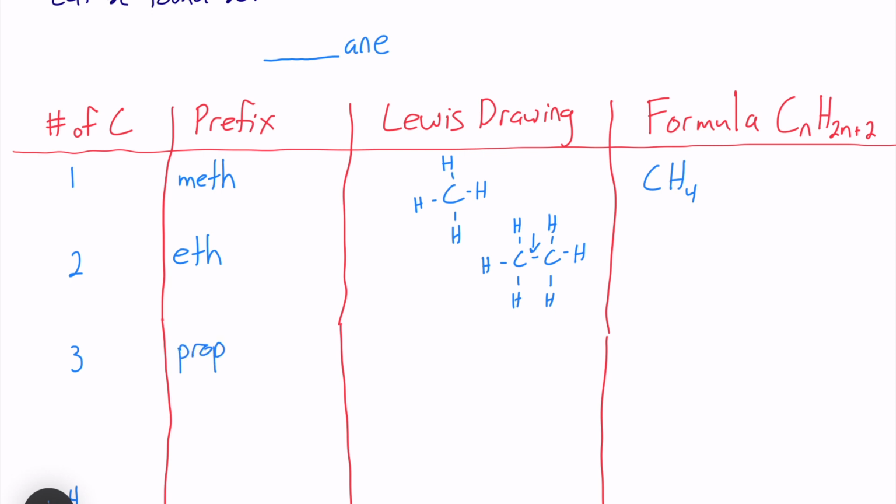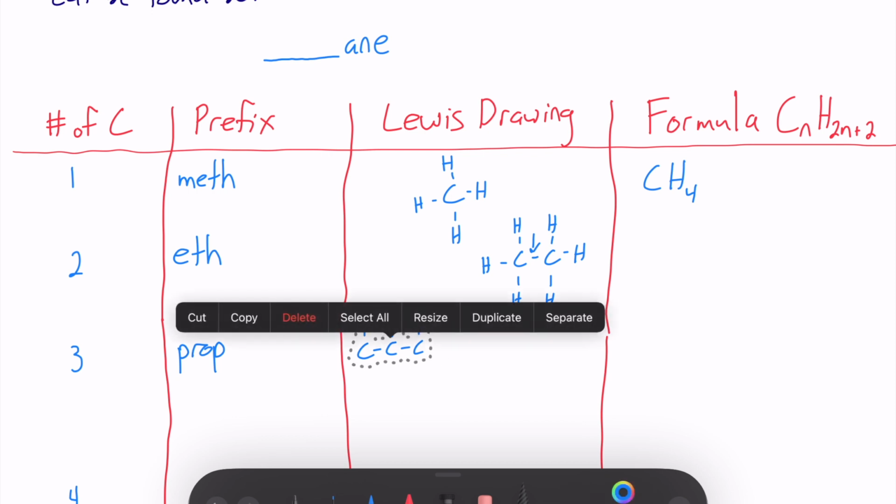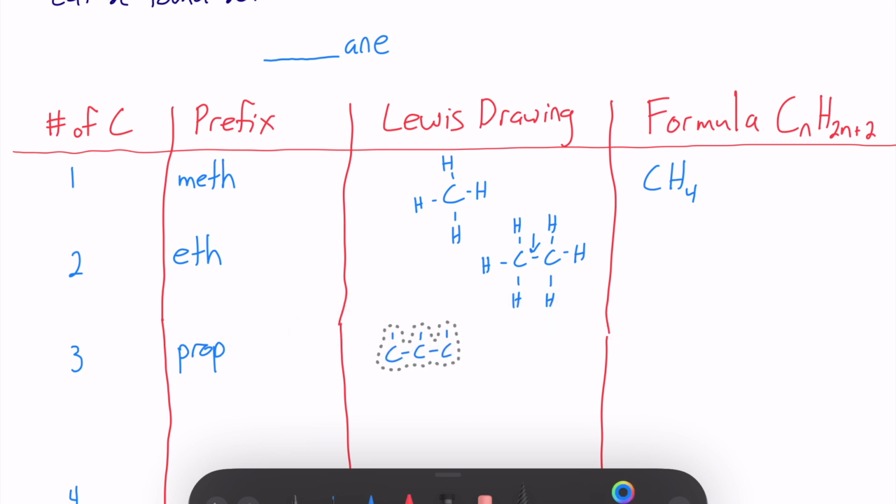All right. 3 carbon, we have the prefix of prop, and in the Lewis drawing, you can probably start to see a little pattern here. We're going to have 3 carbon in the middle, let's move this over again. There we go.